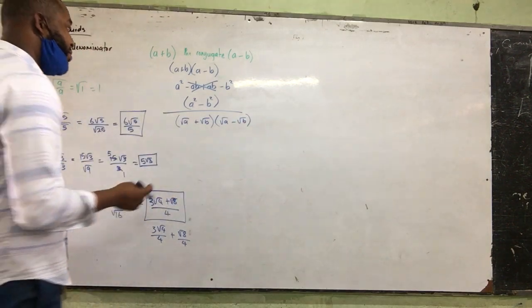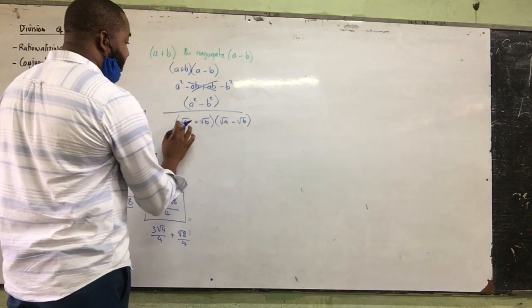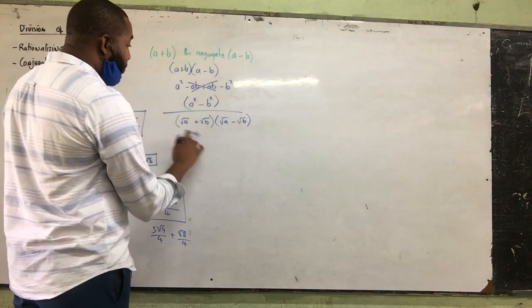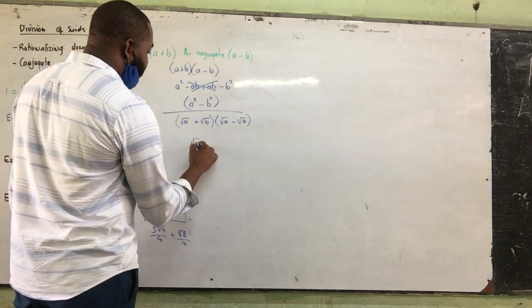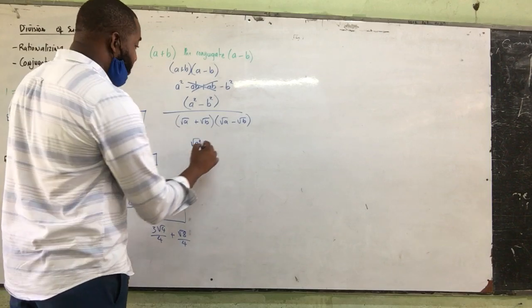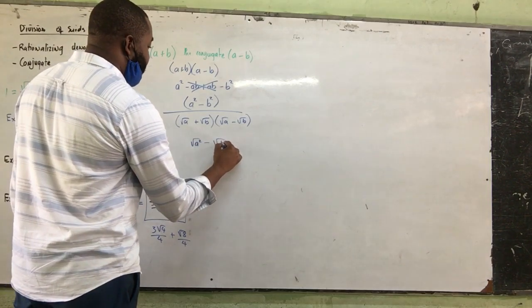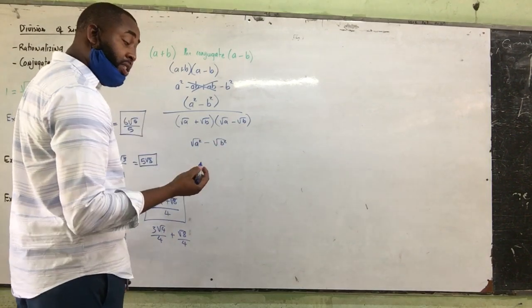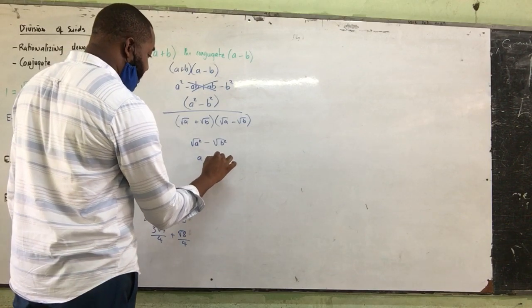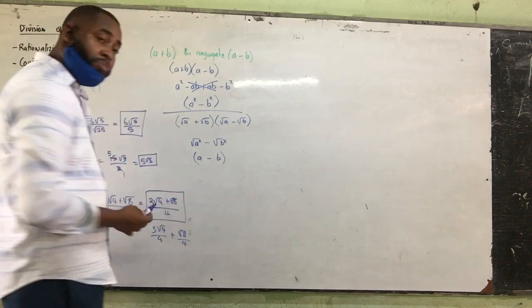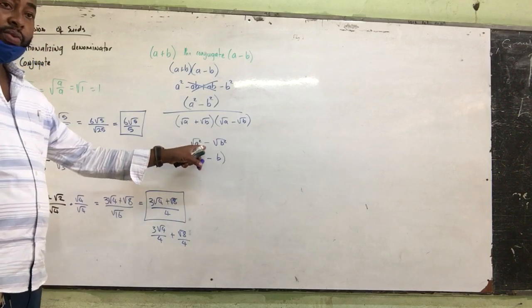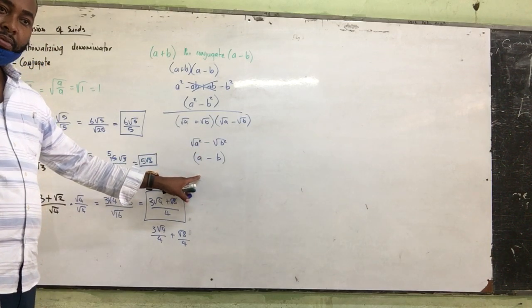When I multiply them out, if I follow the same pattern, I'm going to get the square root of a squared minus the radical of b squared, which is a minus b, because the square root of a squared term is the value itself.